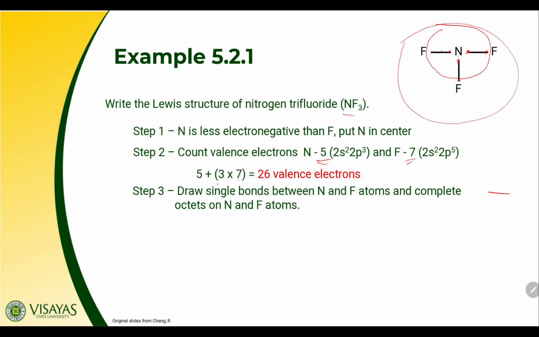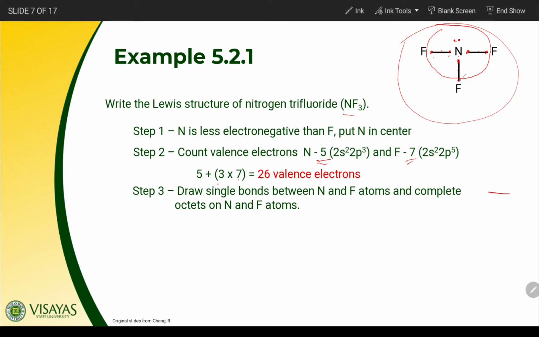To complete the octet on the nitrogen atom, we will add 2 electrons or 1 lone pair, so that the total number of electrons around nitrogen atom is 8. So you have 1, 2, 3, 4, 5, 6, 7, 8.